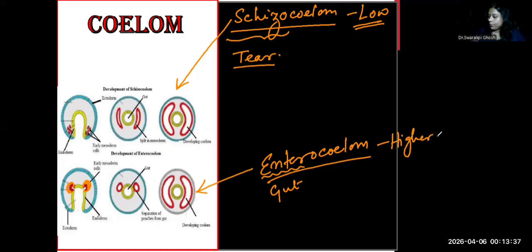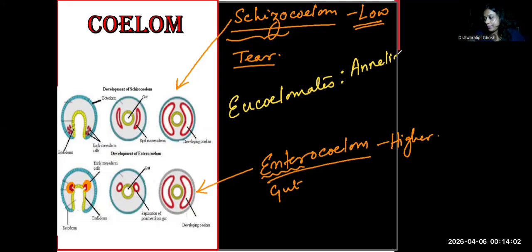Now, who are the eucoelomates? We have to categorize. We know that up to Aschelminthes, we have found that it is not a true coelom. Eucoelomates are from Annelida up to Chordata.